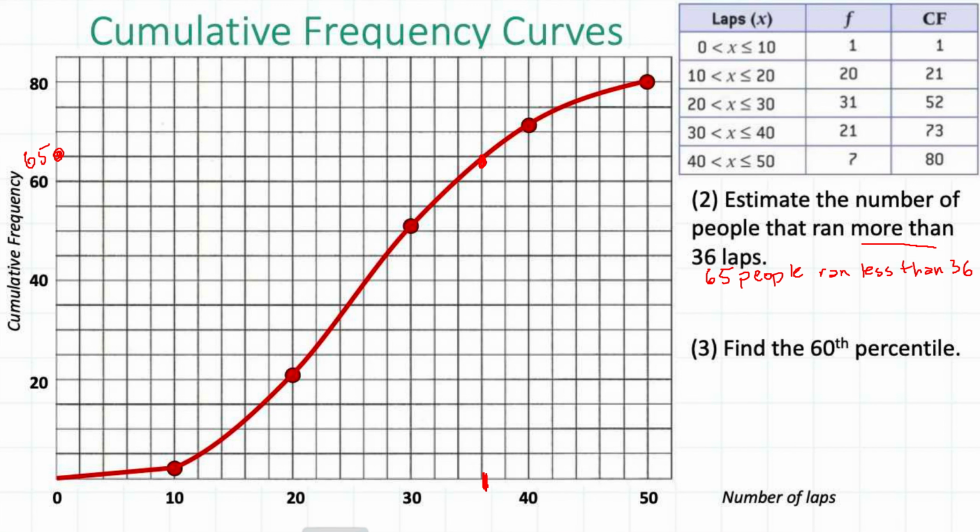So I'm looking at the people that are here, which corresponds to the people here. So how many people are here? You'll have to do 80 minus 65, which will give you 15. So 15 people ran this portion of the graph.